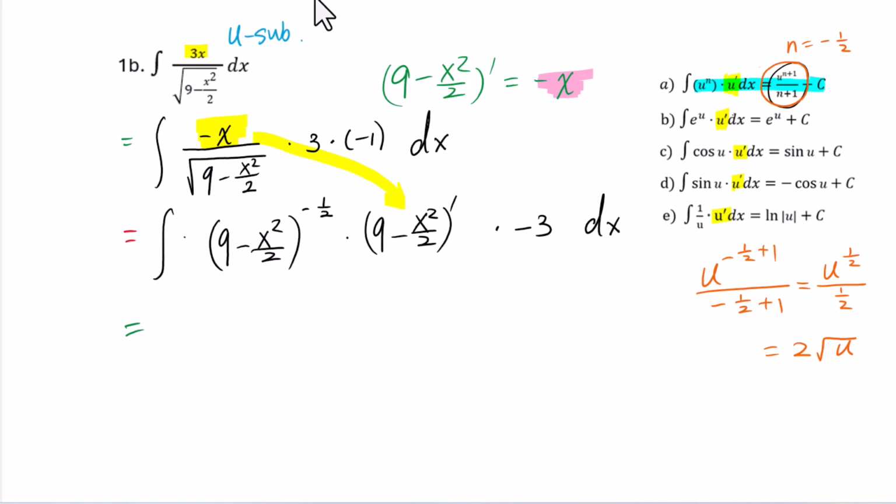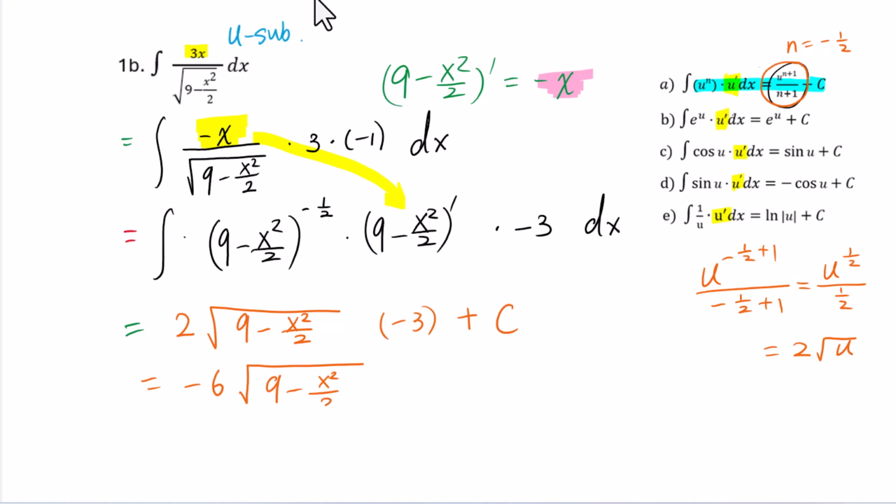This u equals (9 minus x squared)/2. So we get 2 square root of (9 minus x squared)/2 times negative 3 plus c, which is negative 6 square root of (9 minus x squared)/2 plus c.